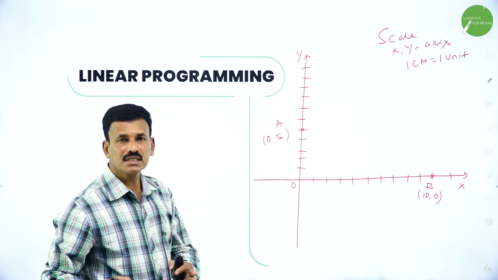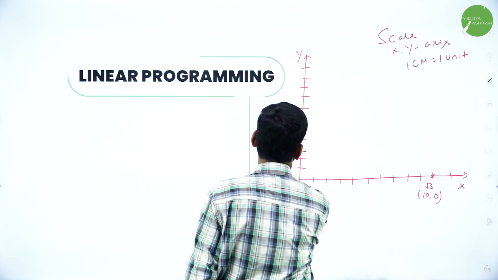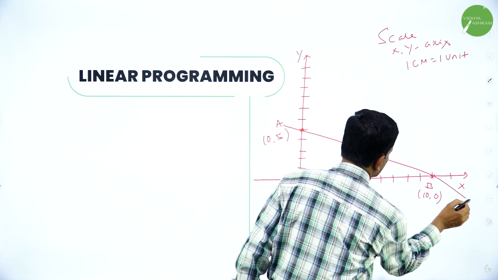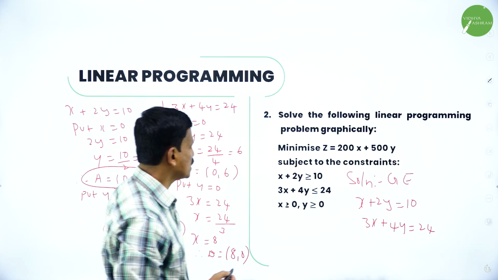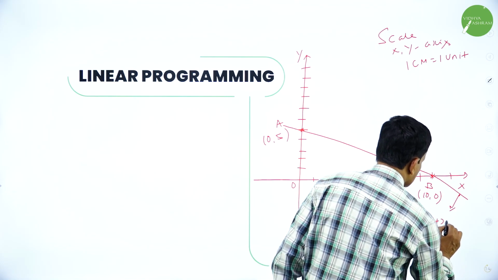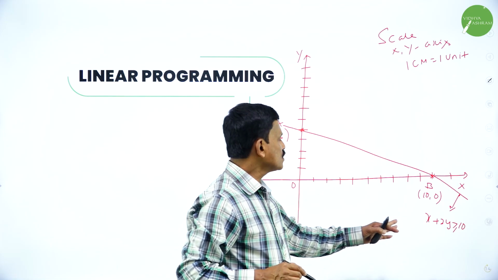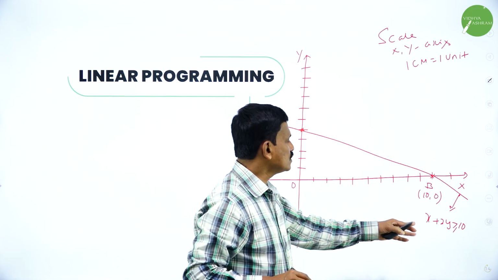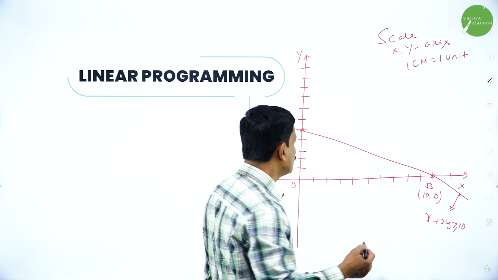Now draw a straight line which cuts A and B. So this is the straight line. Now, what is the inequality? x plus 2y is greater than or equal to 10. If you put x is equal to 0, y is equal to 0, since the inequality is greater than or equal to, the feasible region is away from the origin.